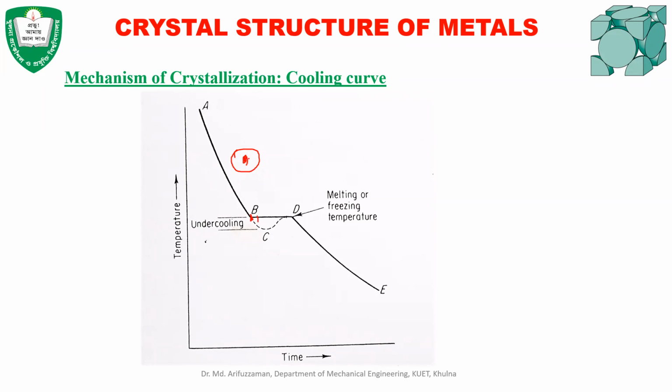Because of the interface of surface between solid and liquid, there will be a temperature drop. Because of the formation of the solid liquid interface, there will be a certain loss of energy, and that loss of energy is reflected with the decrease of temperature.